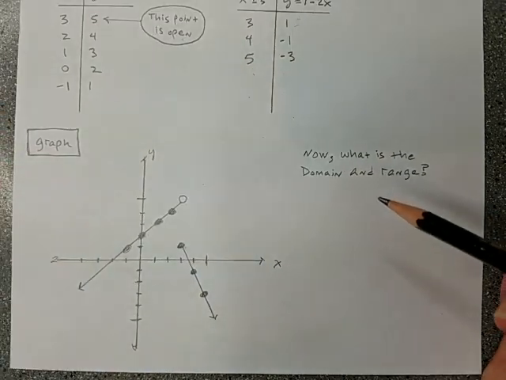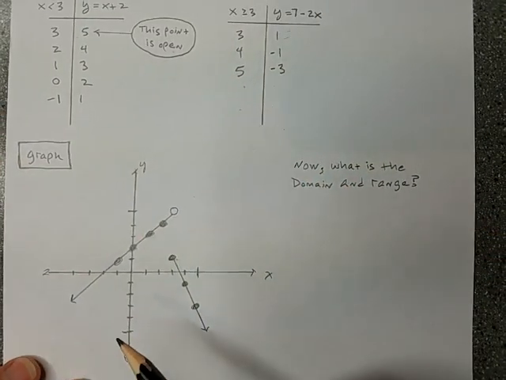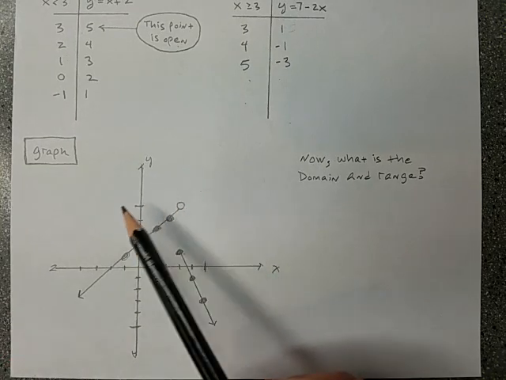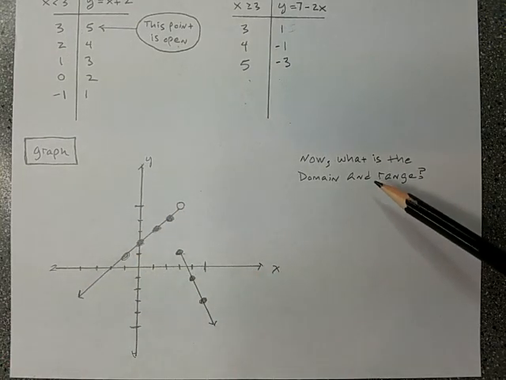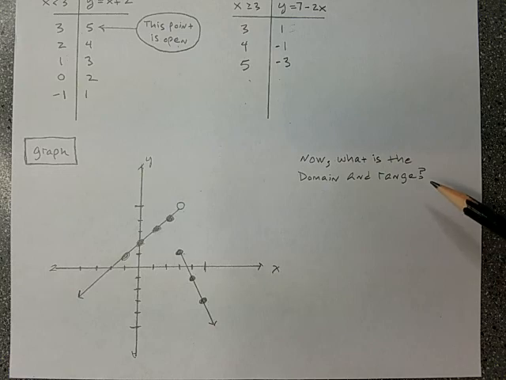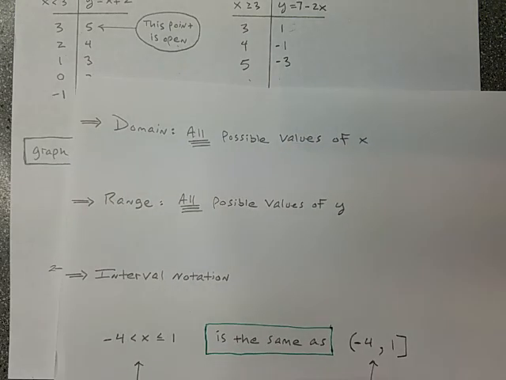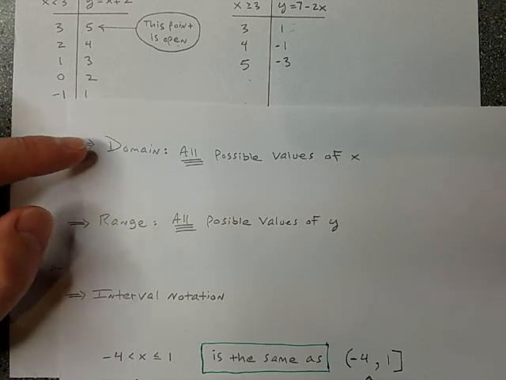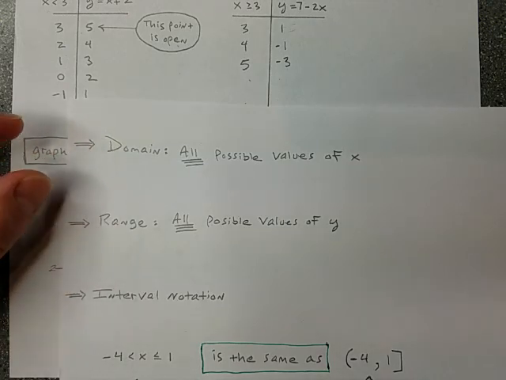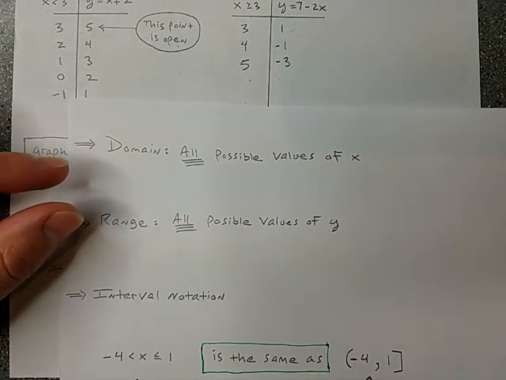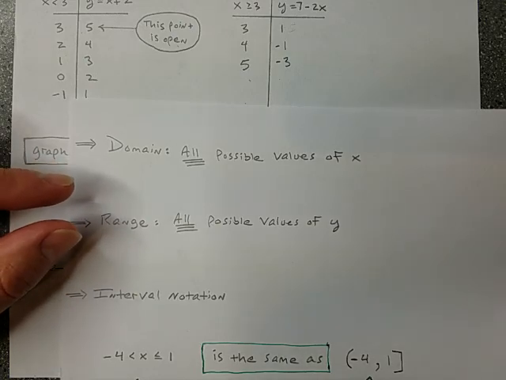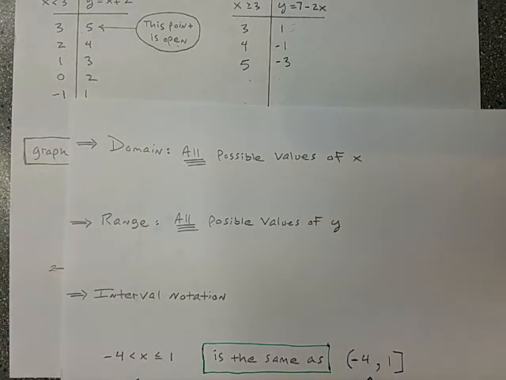Okay, so here's the question that I made the video about. If this is what the graph looks like, what is the domain and range? Let me remind you what that means. The domain is all the possible values of x, everything that x can be. And the range is all the possible values of y, everything that y can be.